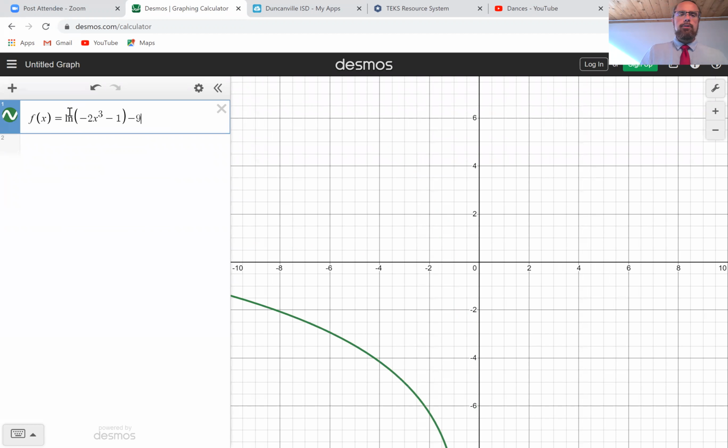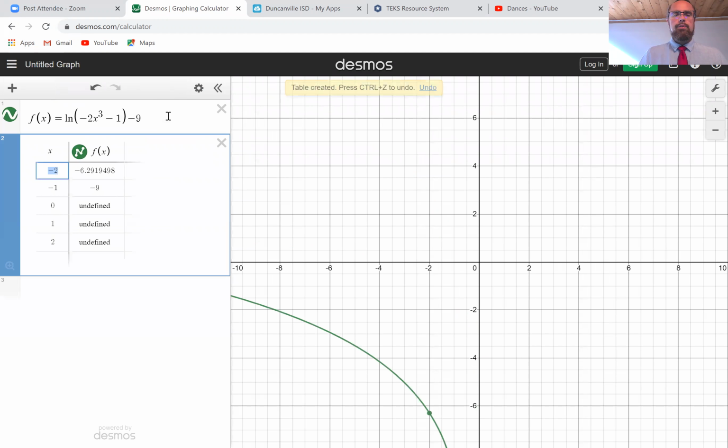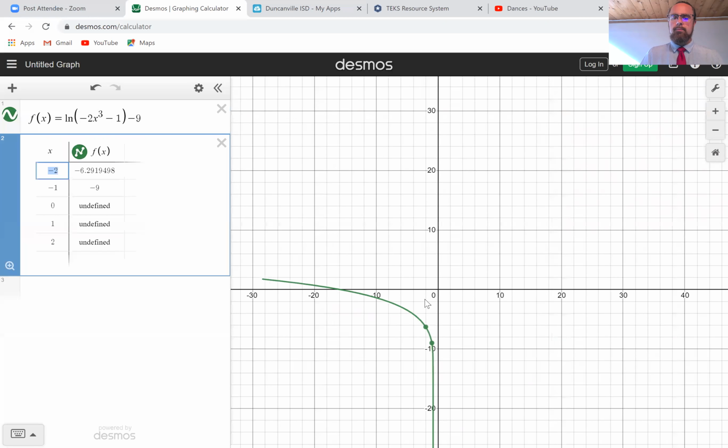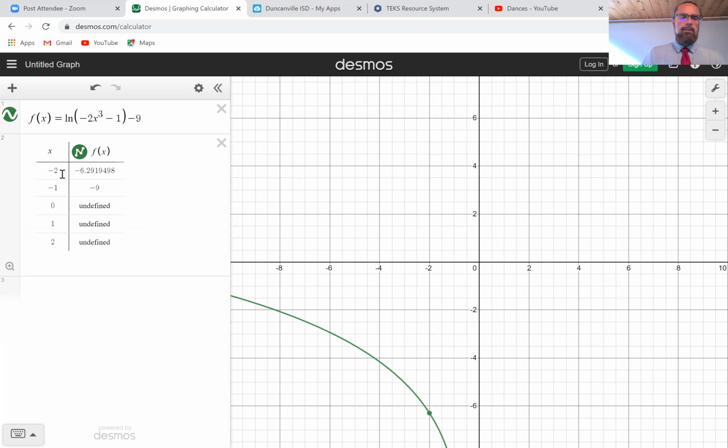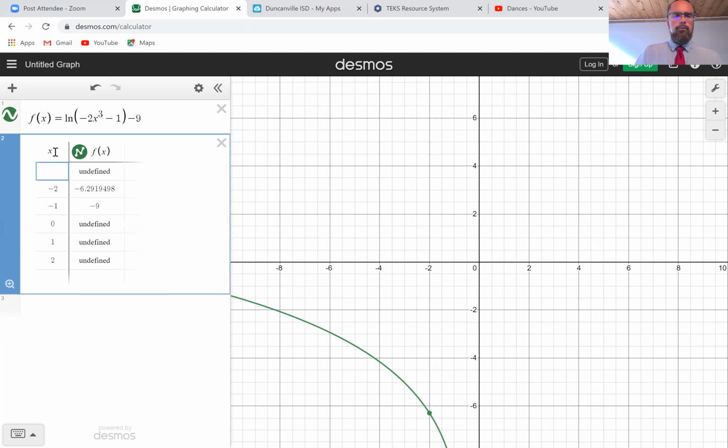So there's our function, and it looks like what we can do is create a table that starts much before 0, because it looks like our vertical asymptote, it's not at 0, it looks like it's at a fractional value. But nonetheless, we should adjust our domain so that we're having values before negative 2. In fact, we should probably go to negative 5.